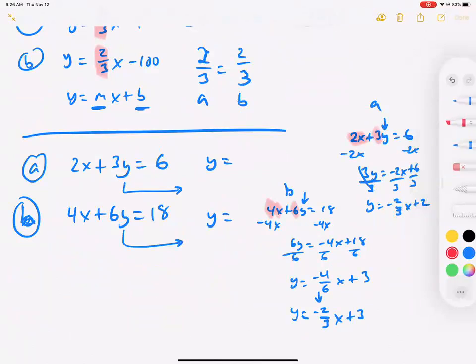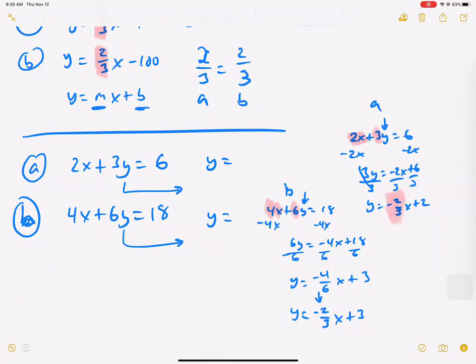Now, we said lines are parallel if they have the same slope. Do they have the same slope? Look at the slope and look at the slope. If they have the same slope, we're winners.